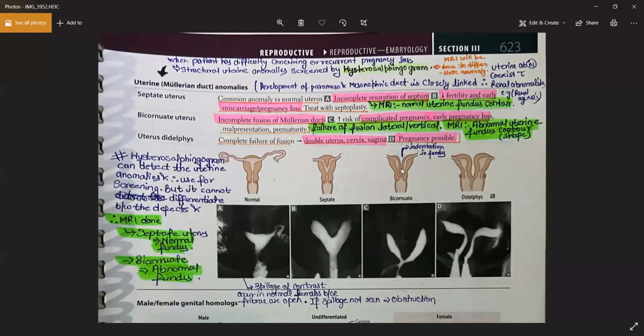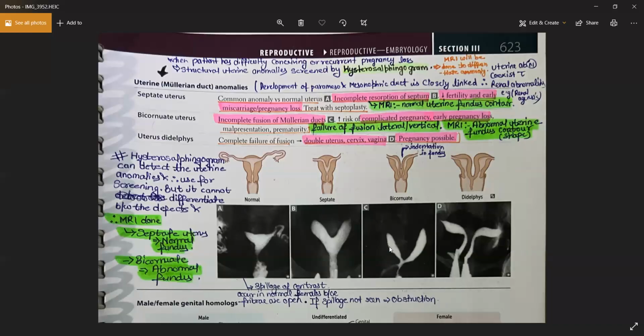So when you do the MRI, if you see a normal fundus, that means it could be a case of septate uterus. So an abnormal hysterosalpingogram like this with a normal MRI, you will think about septate uterus. An abnormal hysterosalpingogram with an abnormal contour or abnormal shape of the fundus, you will think about bicornuate uterus.